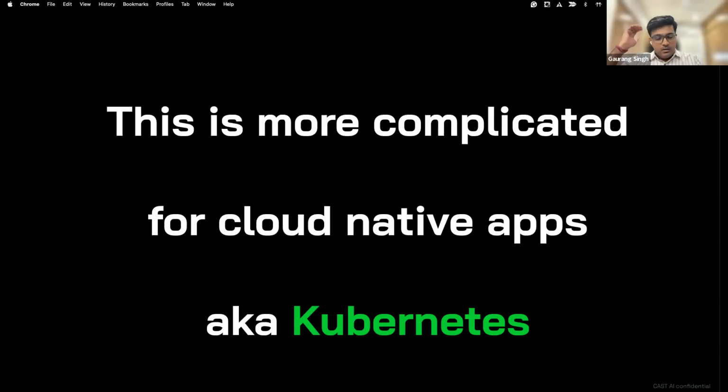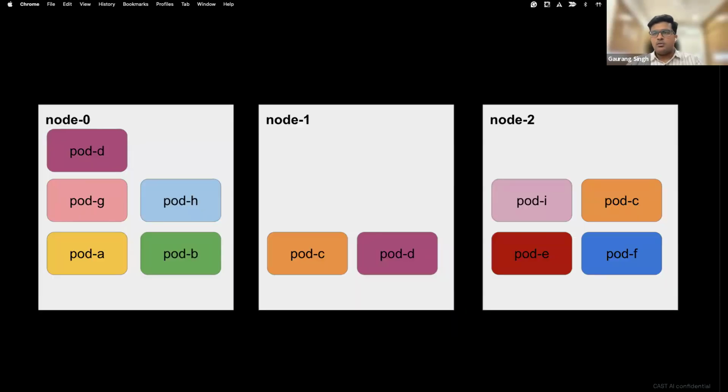When you try to go inside the Kubernetes space, this particular problem becomes more and more complicated. The optimization problem, right? So the very first problem is how to utilize your node efficiently. Let's suppose, for simplicity's sake, I kept 3 nodes here, and every pod has a different size. So how would you get the maximum utilization? If you see here, node 0 is being utilized the most, and node 1 is utilized the less. It's like solving a jigsaw problem.